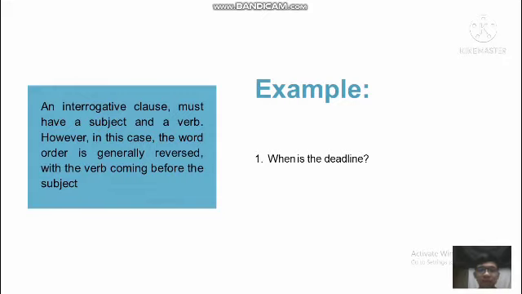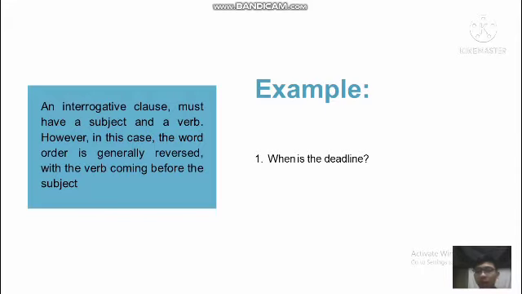In a direct query, the verb comes before the subject. In this example, the verb "is" is followed by the subject "deadline."